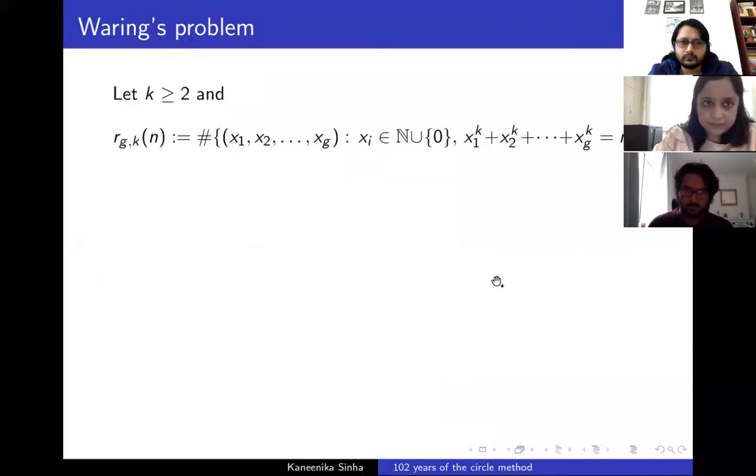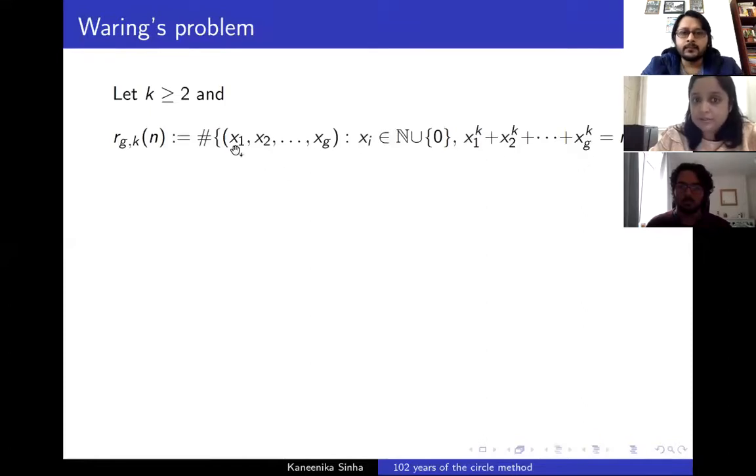So in the last couple of minutes, I just want to make some quick remarks about Waring's problem, which was the foundation on which the circle method was first developed by Hardy and Littlewood. So here our problem is to express, where k is greater than or equal to 2, any number n as a sum of kth powers.